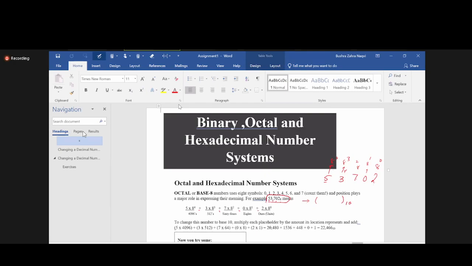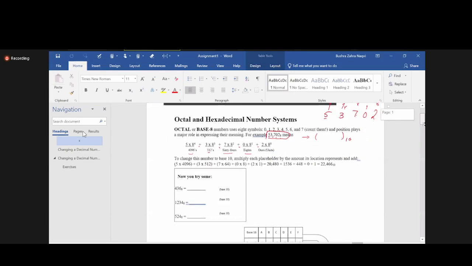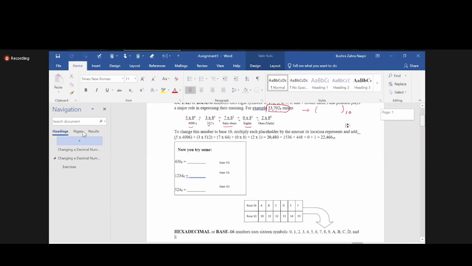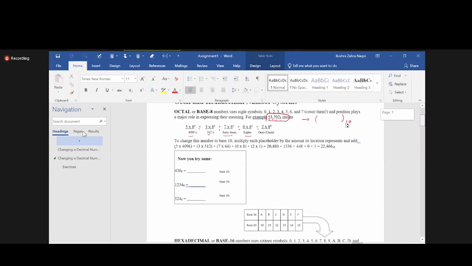So you do a little math for 8 raised to the power 4, multiply it by 5, and you're going to get this number. 8 raised to the power 0 is 1, which times 2 is 2. You understand this method, right? This is the weighted value.